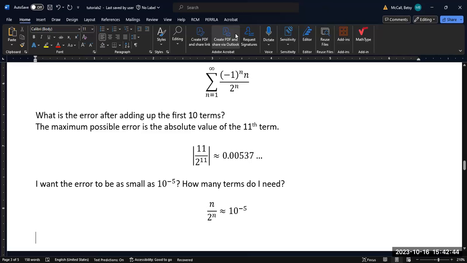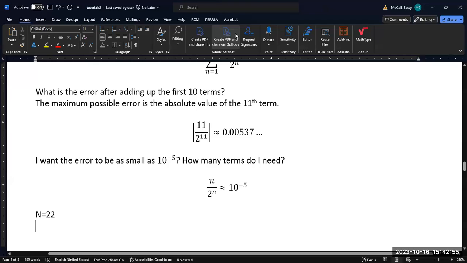And so I would have to put in n equals 22, because at n equals 21, I got 1.001 times 10 to the negative fifth. So it's a little too large. And so that intersection, if this was a continuous function, is going to come at just above 21.